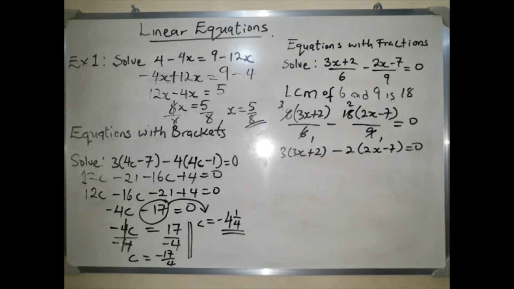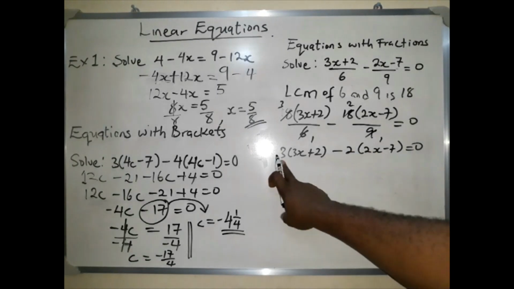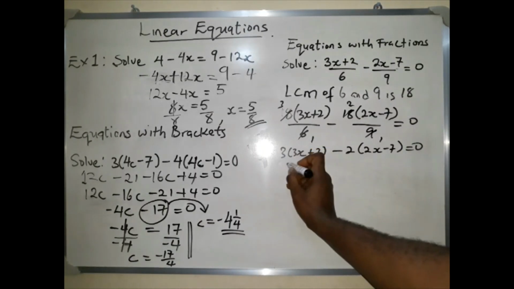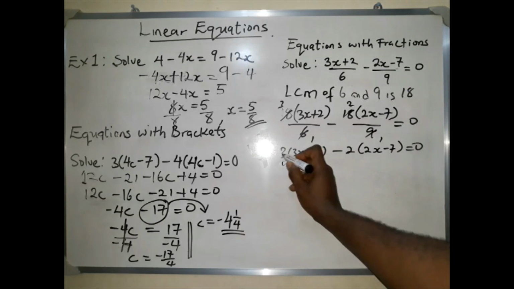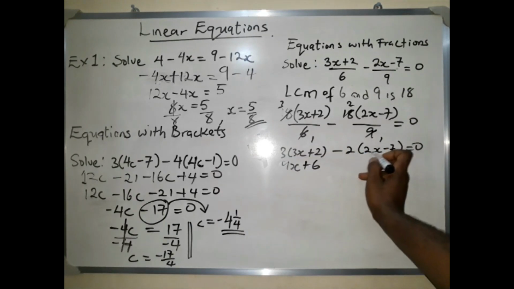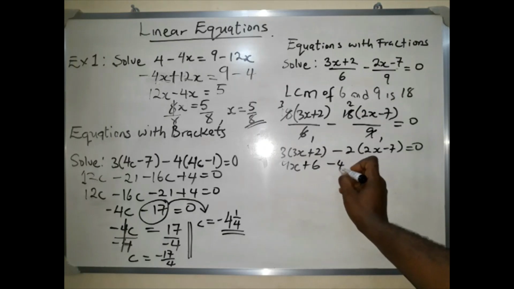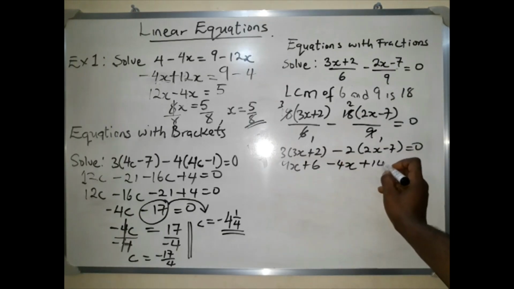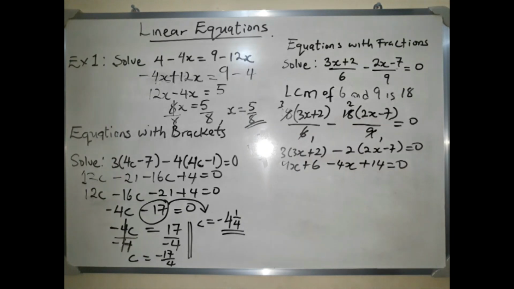We clear the brackets. We remove the brackets by multiplying what is outside the bracket by everything that is inside the bracket. So now 3 times 3x is 9x. 3 times plus 2 is plus 6. Here we have minus 2 times minus 2x is minus 4x. Minus 2 times minus 7 is plus 14, which is equal to 0. Again, what do we do here? We collect like terms.